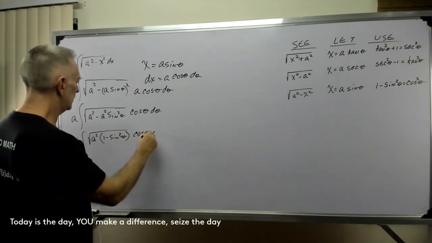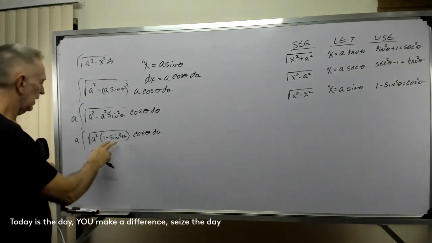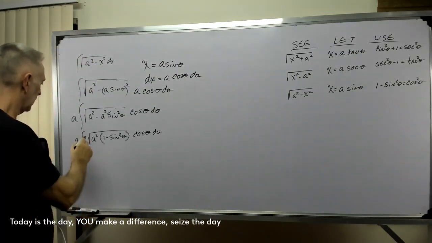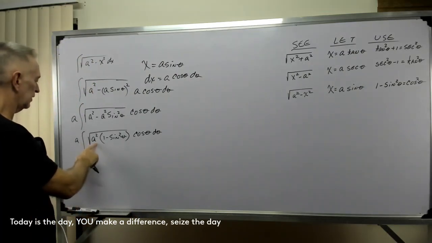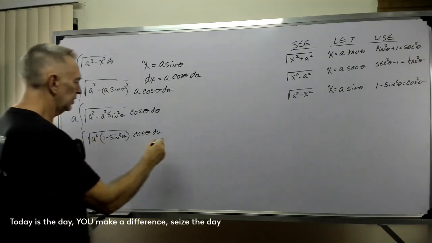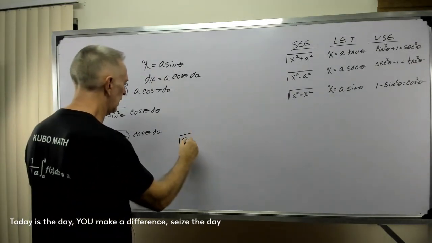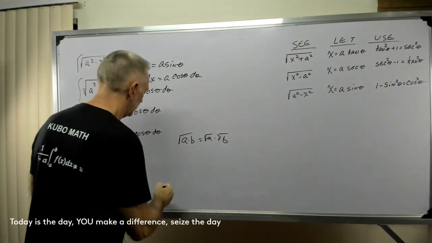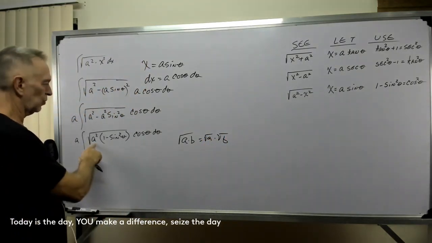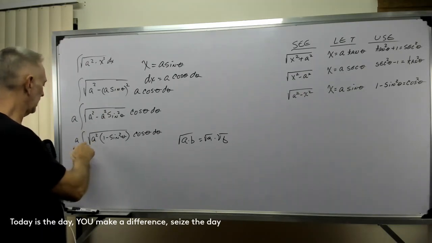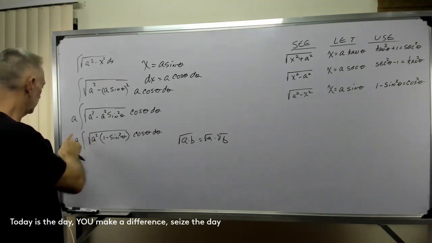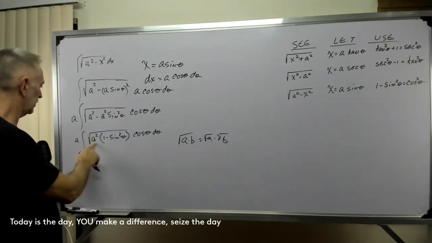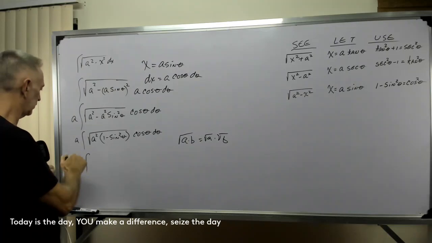Cosine theta d theta. Okay, 1 minus sine squared is cosine squared. Also, I can take the square root of this. If I have the square root of a times b, that's the square root of a times the square root of b. So in this case, I'm going to take the square root of that, pull it out. It's a. So it ends up going right there. So that a, the square root of a squared is a, times a is a squared.